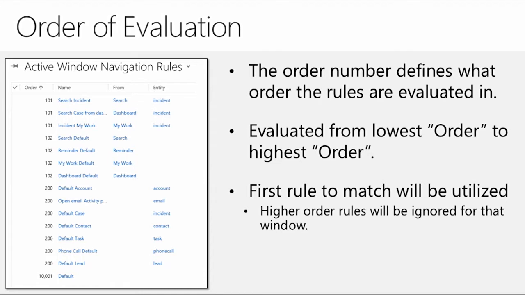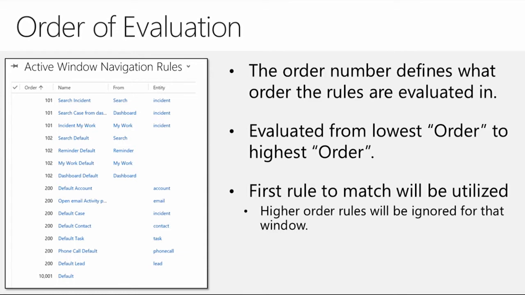So if I'm on the search control and I open up a case, then it's going to go down the order of execution, and it's going to say, okay, I'm starting from the search control, I'm opening up a case. The first time it finds a match in that situation, that's the navigation rule that's going to be used. And then inside that navigation rule, it will populate what it should be doing. Should it populate it in a new tab or in another item?